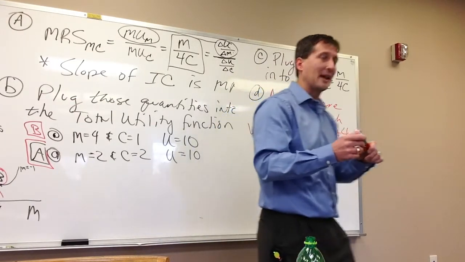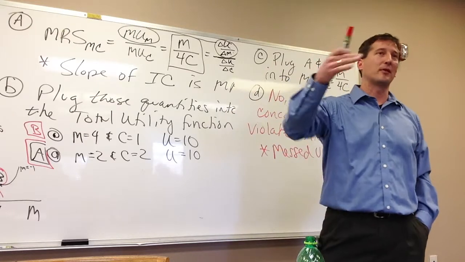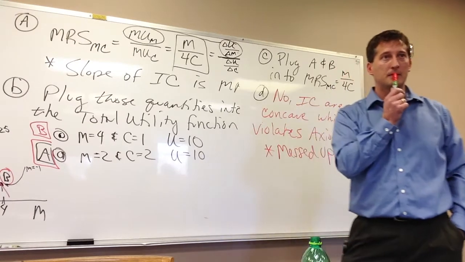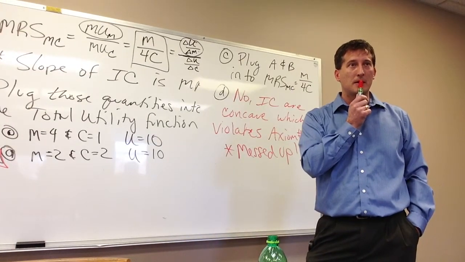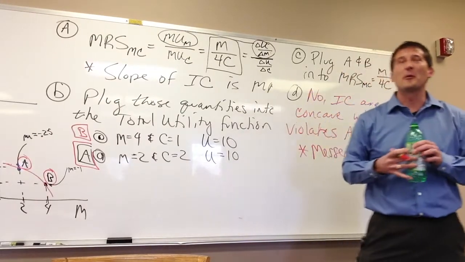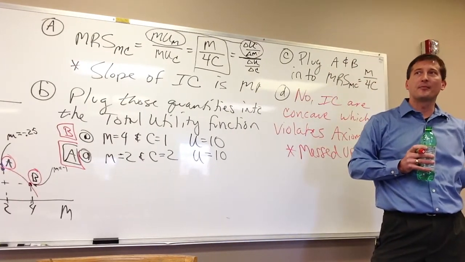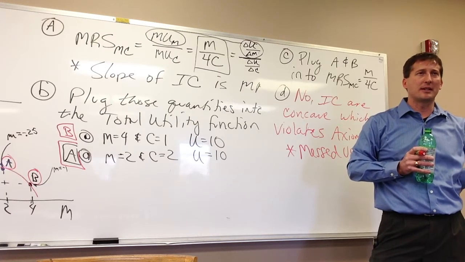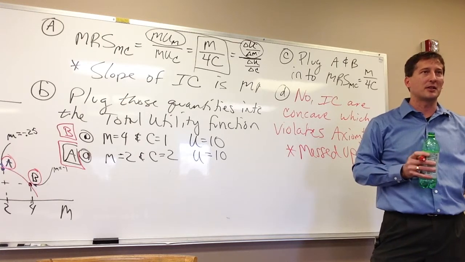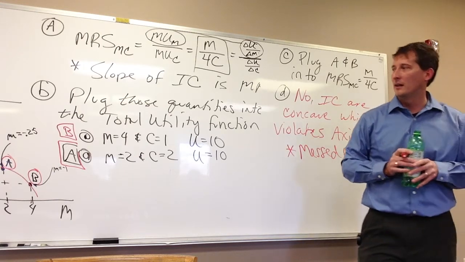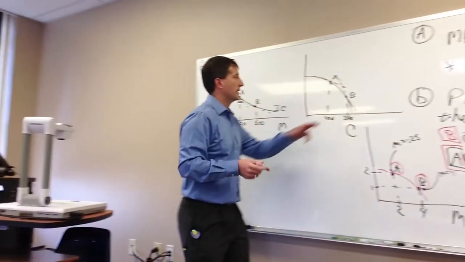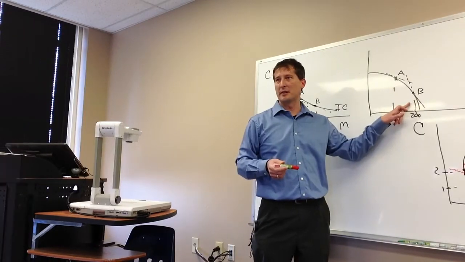Not that you messed up, but this is not a situation that reflects the type of preferences that we assume for consumers. So in real life, what happens if you find a curve like that? Good question. We wouldn't expect it on average. It would make you go back to the drawing board to see if you had some issues with your experiment, and you start seeing, well, maybe this particular bundle is not on the same indifference curve for real.